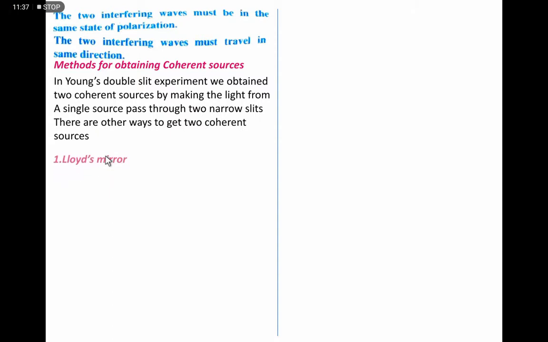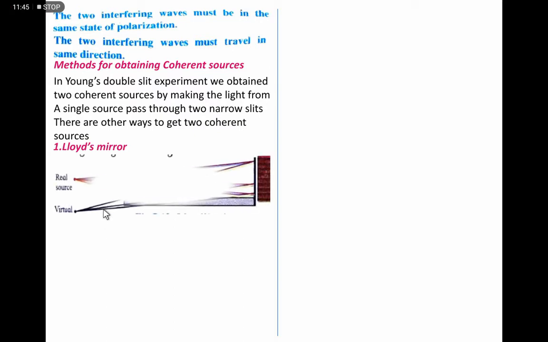Here in our syllabus, two more ways are there to obtain the two coherent sources. One is Lloyd's mirror, and the diagram shows the real source. The light waves from the real source are allowed to fall on a mirror.